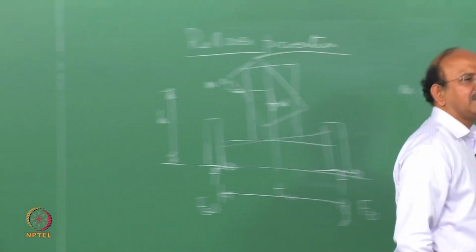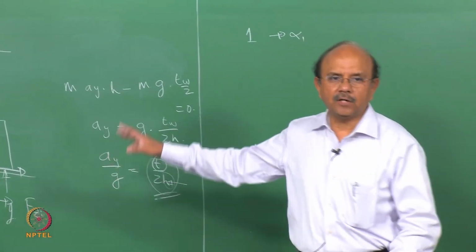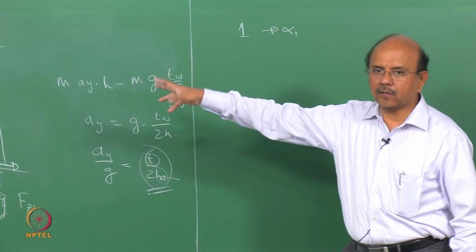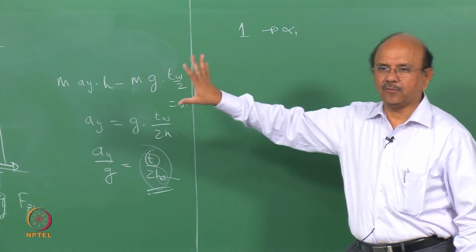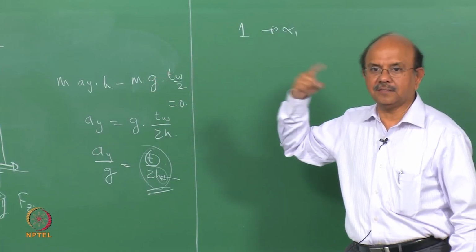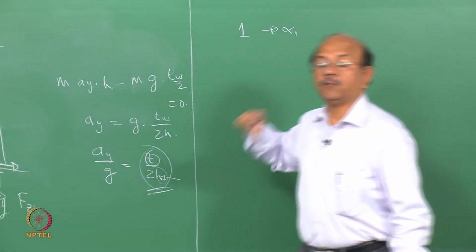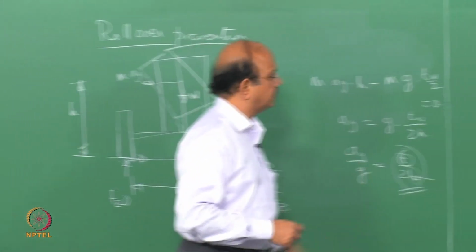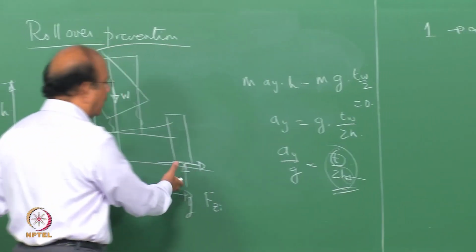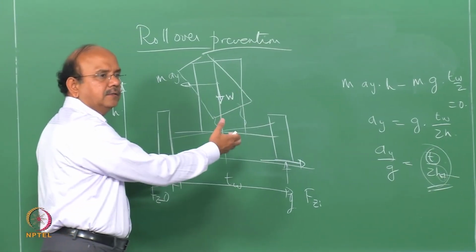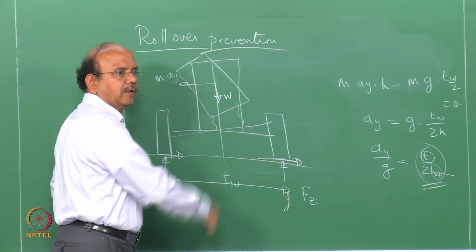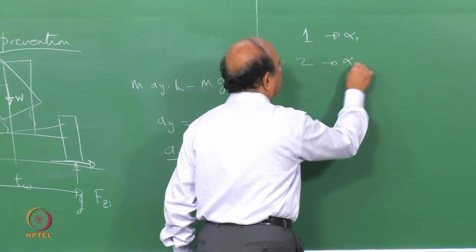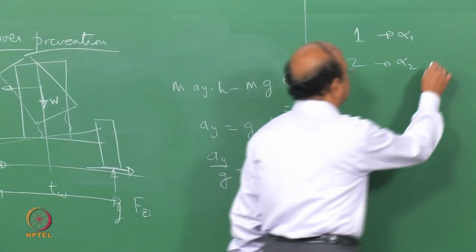In other words, I have to write down a differential equation based on phi double dot, I phi double dot, and so on. That we have not done. That's the next step. For now, let's just finish this: alpha 1 is the roll of the unsprung mass, and alpha 2 is the roll due to the sprung mass.